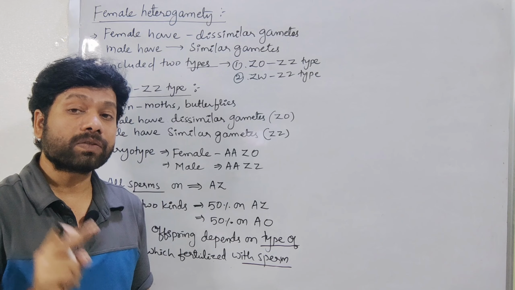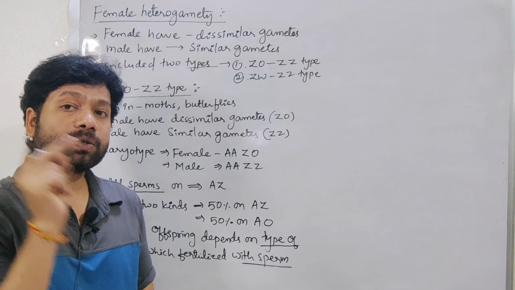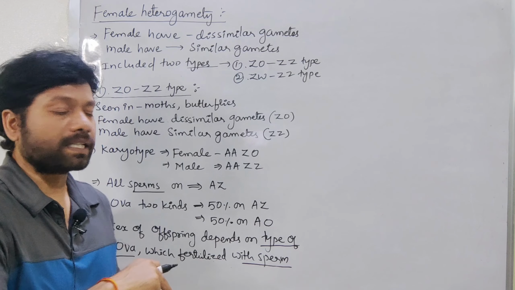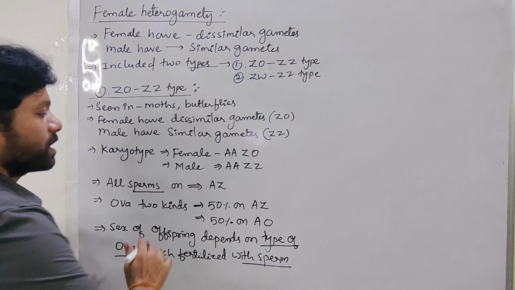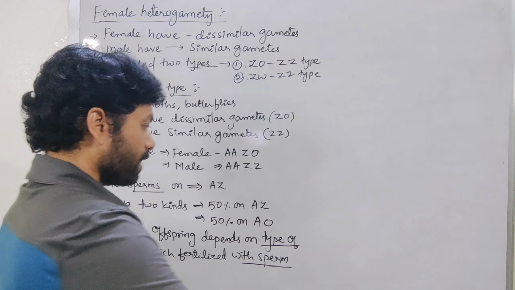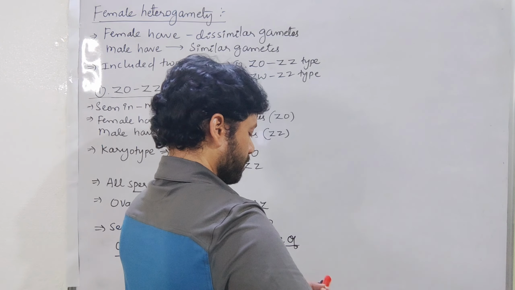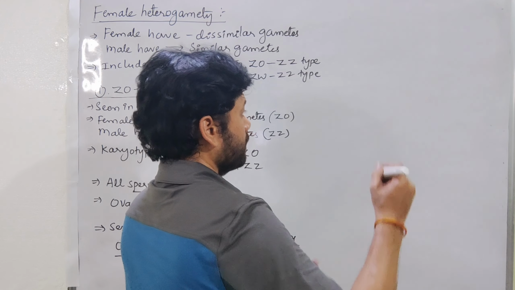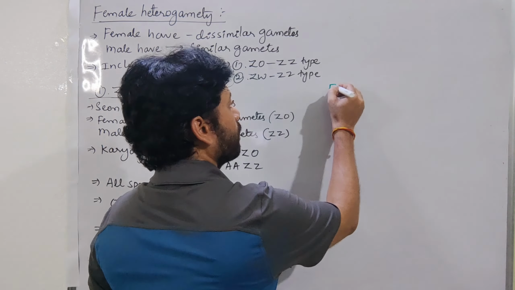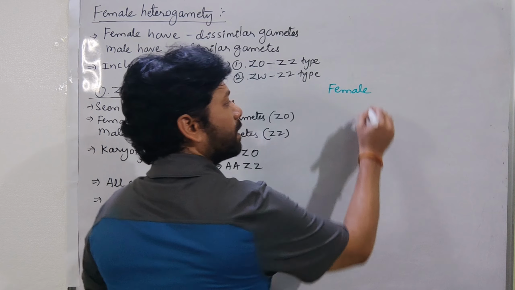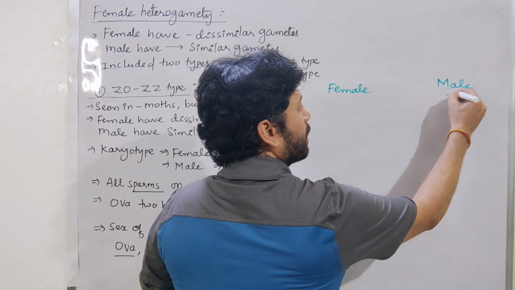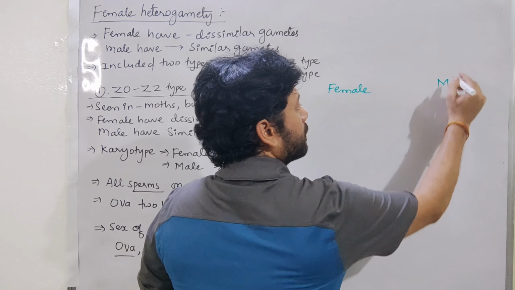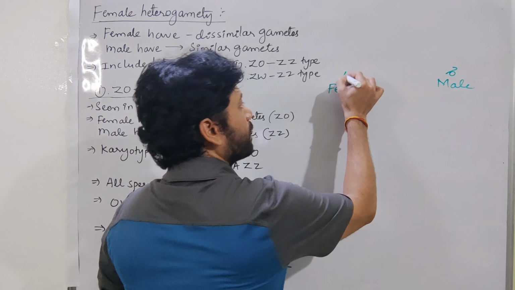So remember which one is the heterogamety. That is the major factor for sex determination. Here, the female. Let's discuss the cross.